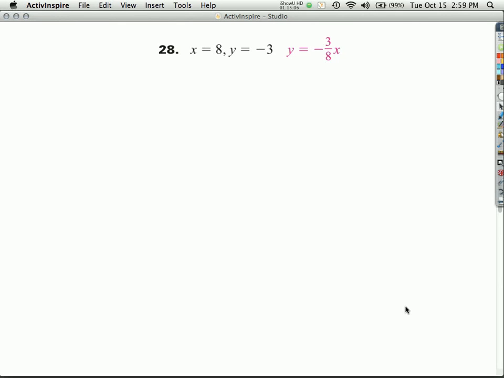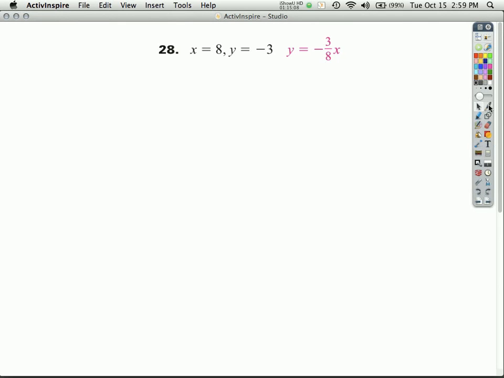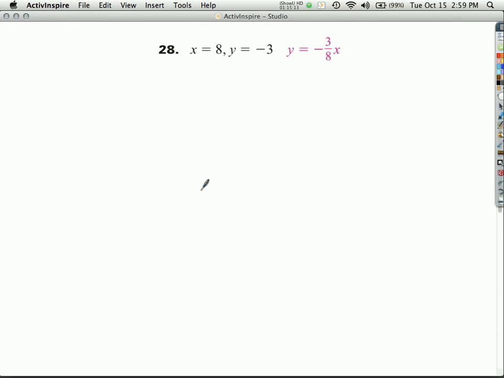So you were asked to write a direct variation model. You have two choices. You can follow my sequence of steps, or you can use the shortcut. Could someone remind us of the shortcut to finding K? What's the shortcut to calculate K without really having to put forth much effort? Shannon? Y over x. Yeah, it's y over x. So it's negative 3 over 8, and then just put it in simplest form.